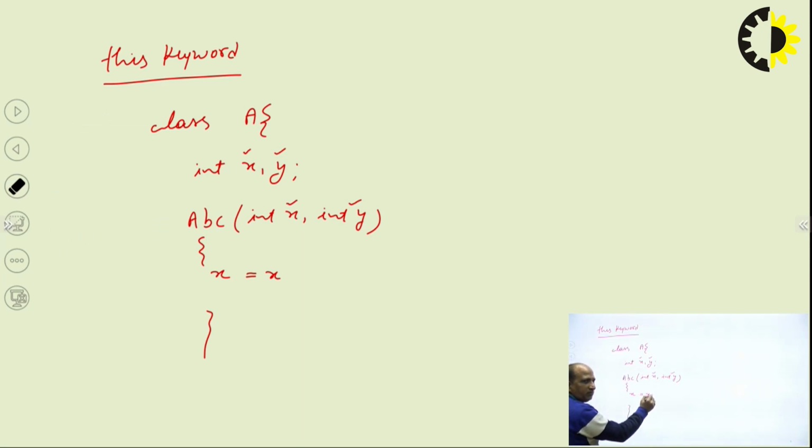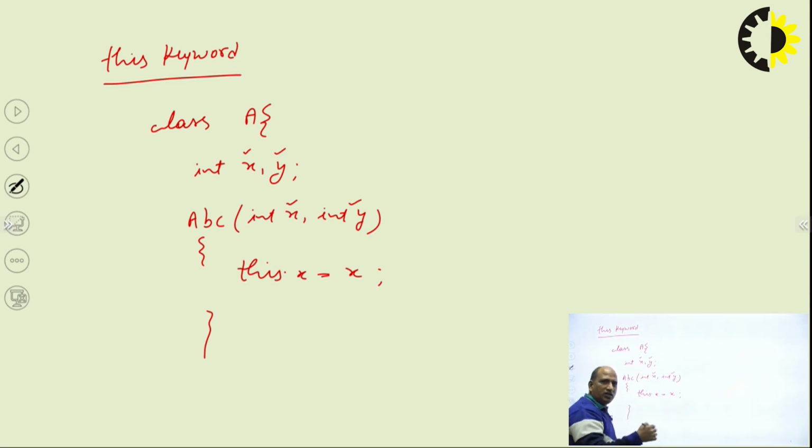To resolve this problem, we have to write like this: this dot x equals to x, means assign this x variable to the x associated with the current object.